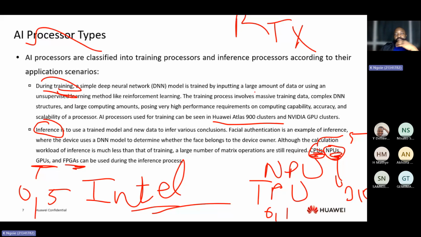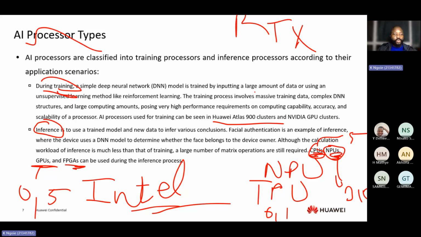So those are some examples of how the processors may be used. And then in inference, we also have some processors that are used. We mentioned the GPUs, NPUs, and CPUs. Okay. All right, so I think that will be all for today.